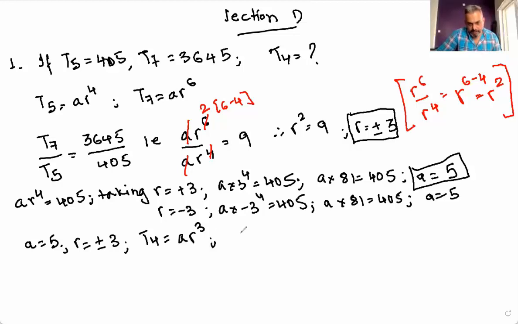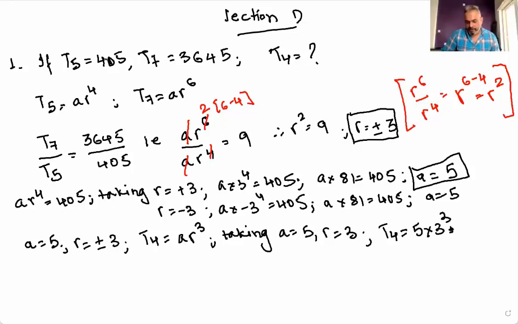Now taking A is equal to 5, R is equal to 3, T4 is equal to 5 into 3 raised to 3, which is equal to 3 into 3 into 3. That is 27. So 27 into 5, which is equal to 135.